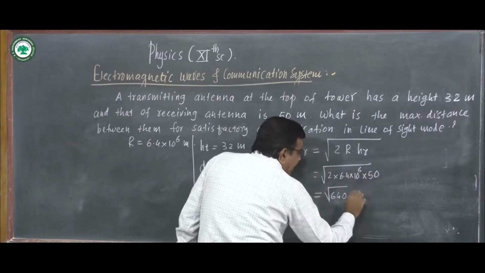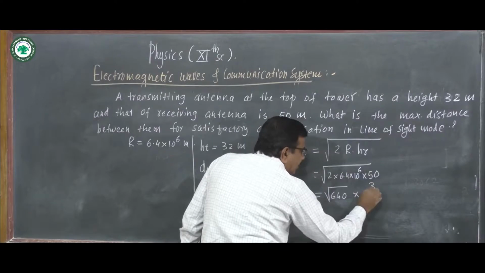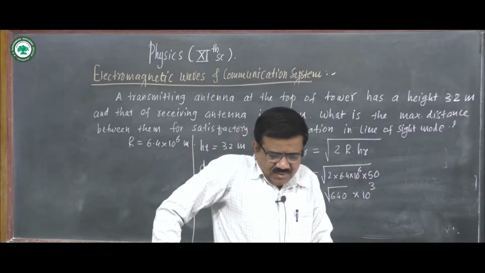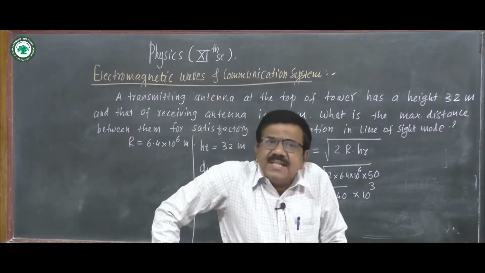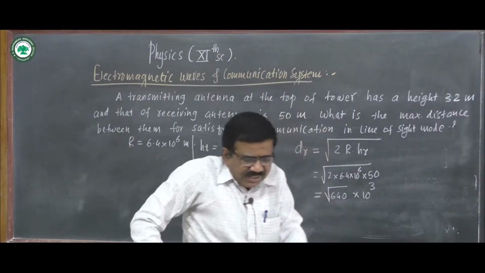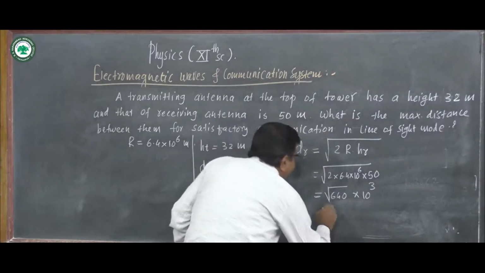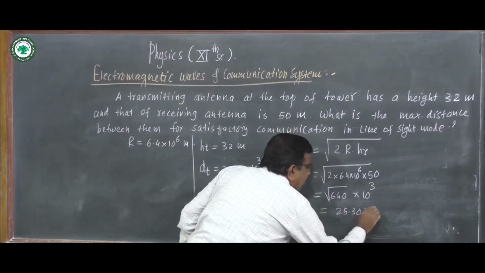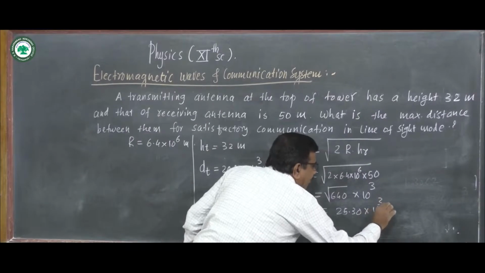And this 10 raised to 6 outside the square root, this is 10 raised to 3. We see directly that 640 square root is 25.30 into 10 raised to 3 meter.